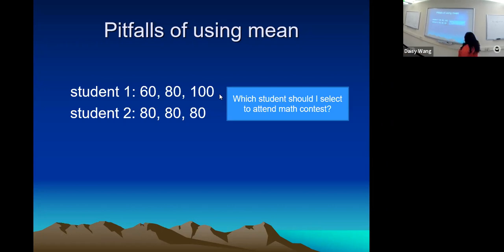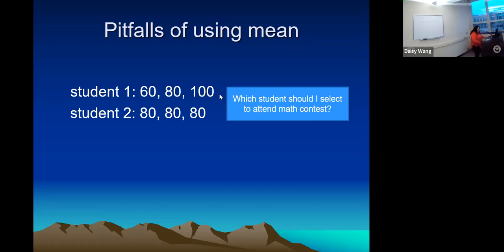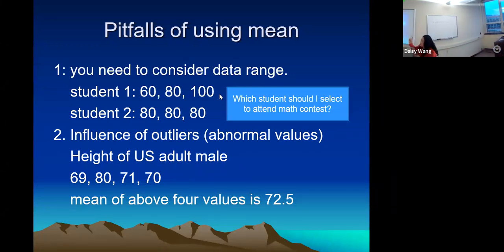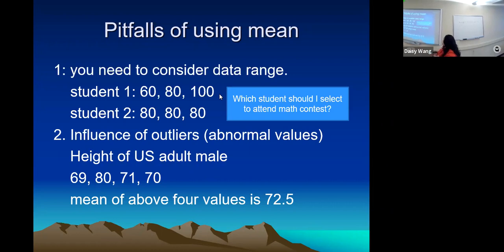That's why when we have an average, the average might be affected by the outlier. This is not a good data set. I tried to create something more extreme, but I got caught up with all the meetings and I forgot.